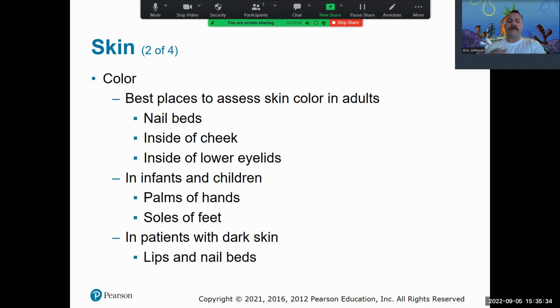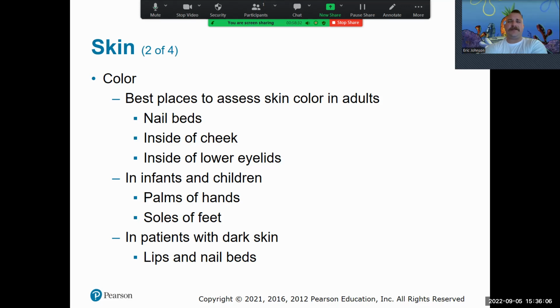Folks, if you look at your skin, regardless of what your skin color is, you can look at different aspects of it and say, I can probably get the best result here. The best result for patients in general is going to be the hands. So the inside of the hands, the palms, bottom of the feet, and typically areas that indicate general oxygenation, like the lips, the cheeks, and the face, kind of around the eyes and the nose.